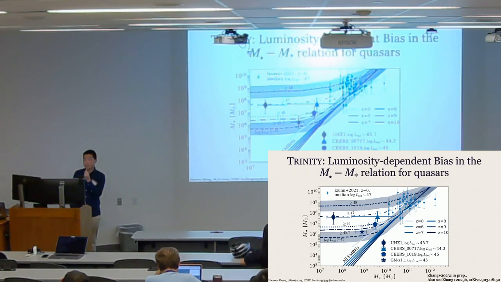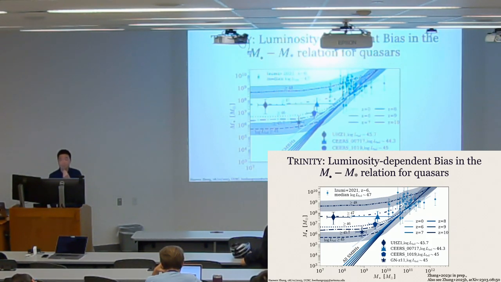It doesn't mean that if a black hole is this bright, it can never be more massive or less massive compared to the scaling relation. That's just a statistical result. I don't think you can make any inferences about individual objects' history just based on this statistical prediction. Yeah.